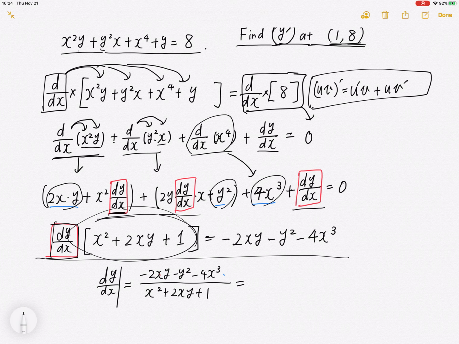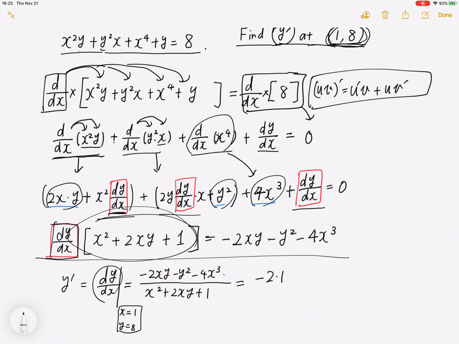So we know what to do next, right? We enter x equals 1 and y equals 8. Evaluate the y prime, namely dy dx, at this particular location. So enter 1 and 8 in x, y respectively.